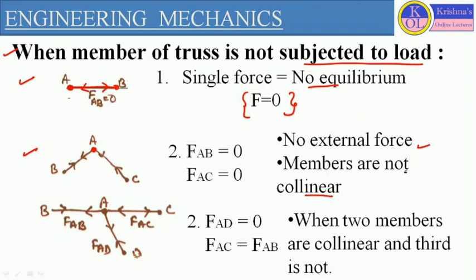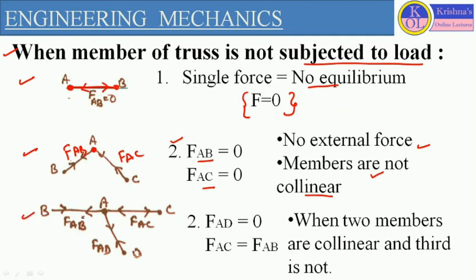So if there is no external force acting on the members, as well as the members are not collinear, in that case also the actual load which is acting on member AB and member AC will be 0. So FAB and FAC on both the members which are not collinear will be 0.